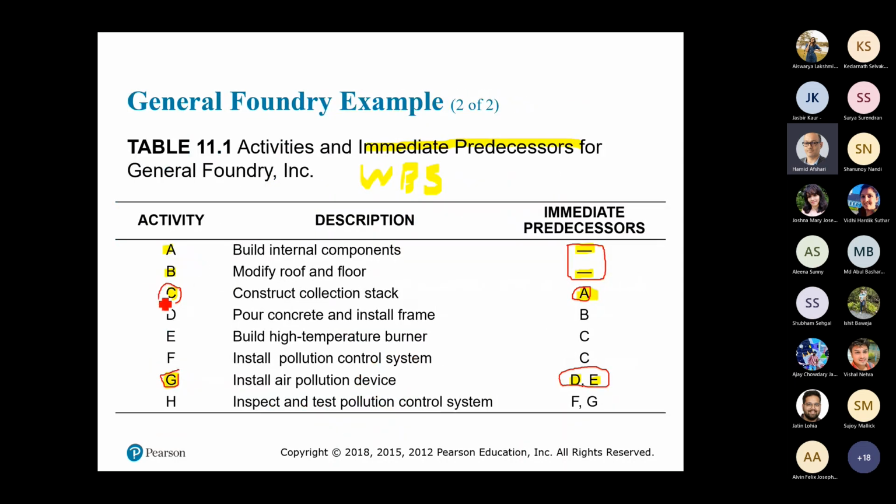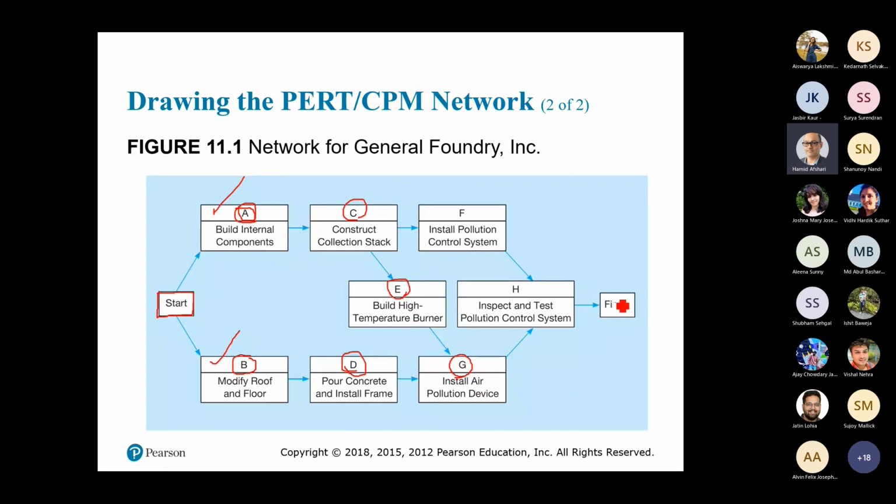So after A and B, you will go to C, then you will go to D, and one by one you will complete and connect them based on the sequence of activities given to you. Okay, and after everything is finished, don't forget to put a final node which is called finish node. Okay, so this way you are able to draw the paired CPM network. Any questions from your side?